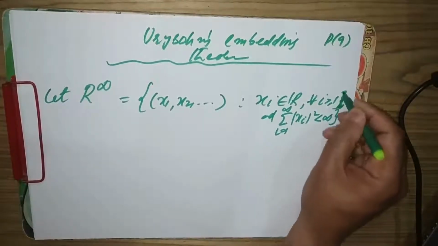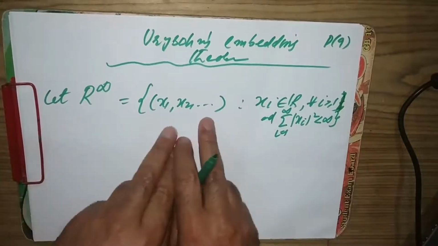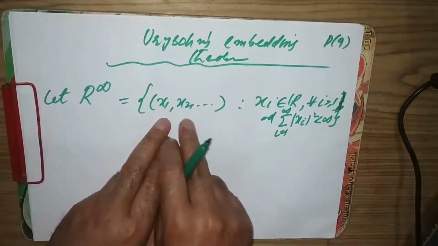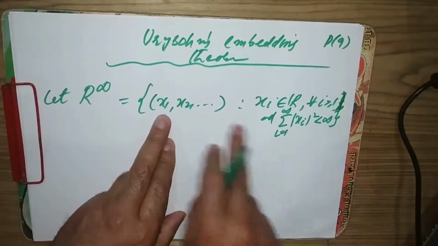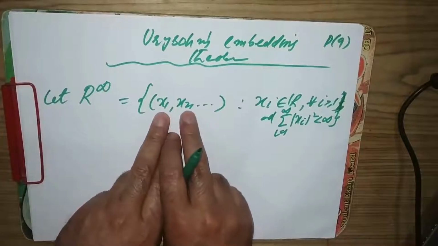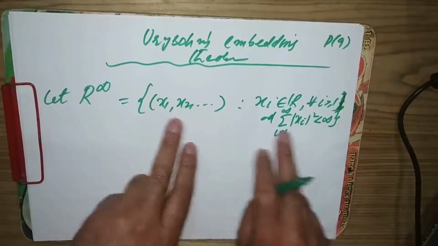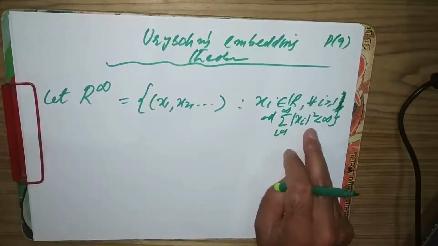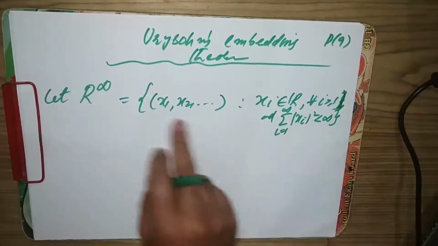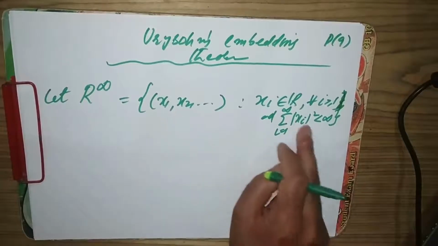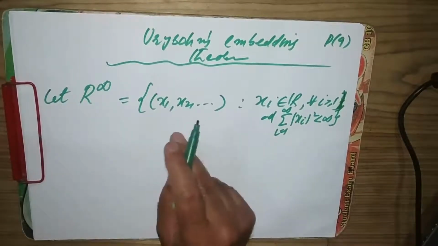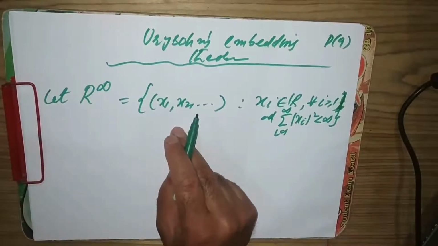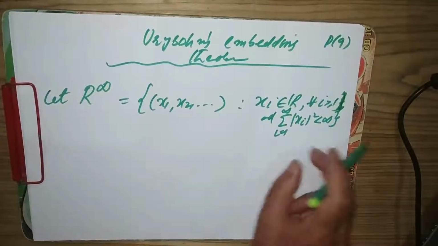So they are actually sequences. This is actually the same as the L2 space.